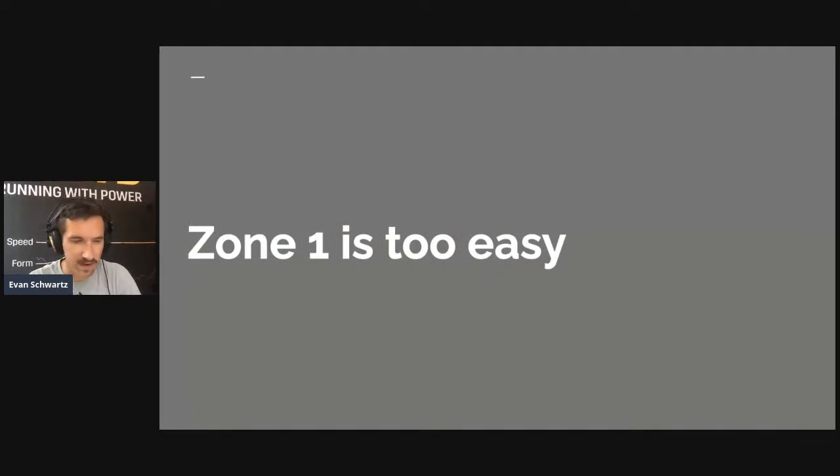I hear this all the time from some runners who are newer with Stryd or some people who are returning from an injury. If in your zone 1 you feel like you literally have to walk or you have to run way too easy of an effort, the first thing that we would typically say is make sure your critical power is in line with your current fitness.